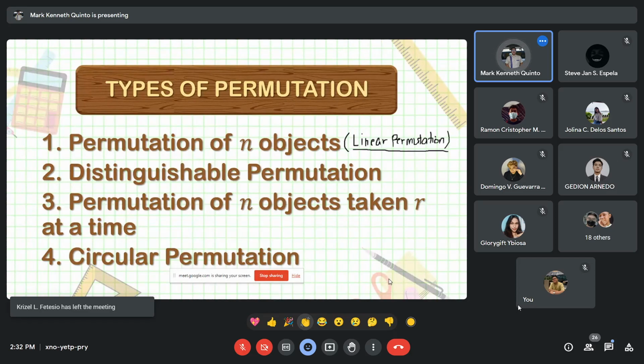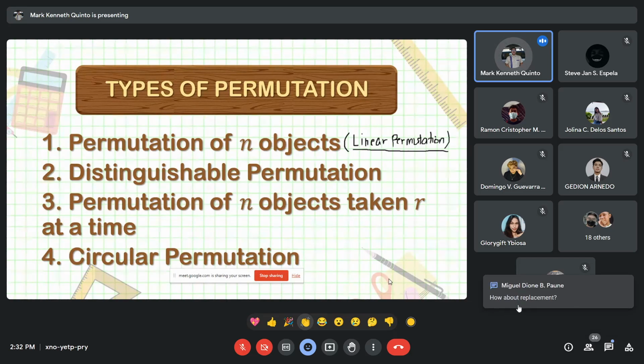So in the types of permutation, there are only two types, which are linear permutation and circular permutation. But yes, that is correct that the permutation of n objects distinguishable and n objects taken r at a time are part of linear permutation. But we have to differentiate them since all of them have their own formulas to use.